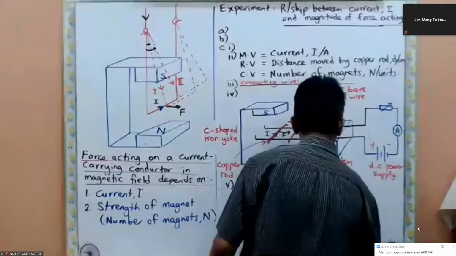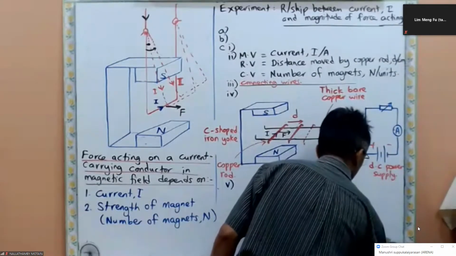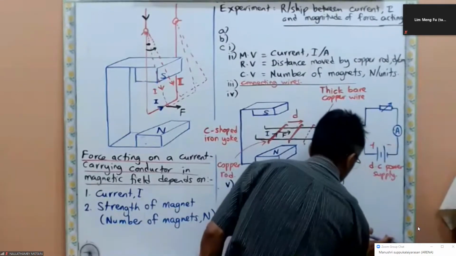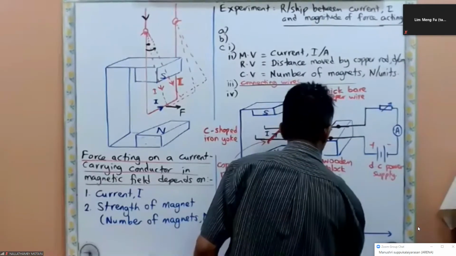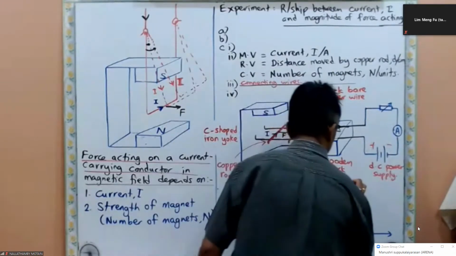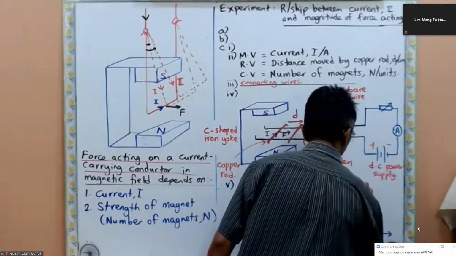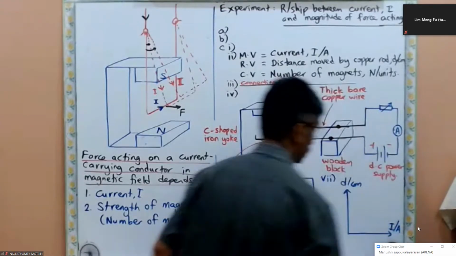And then the last one, number 7, is how you are going to analyze the data. So just a graph only. There is not enough space on this board, so I will write a bit smaller. The Y-axis is the responding variable. The X-axis is the manipulated variable.